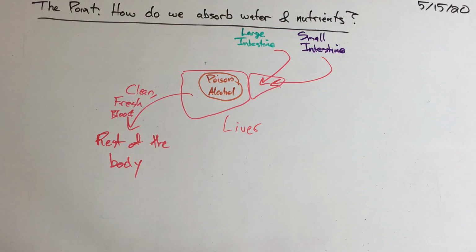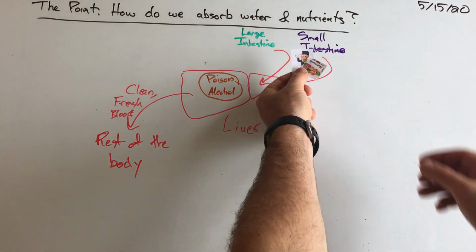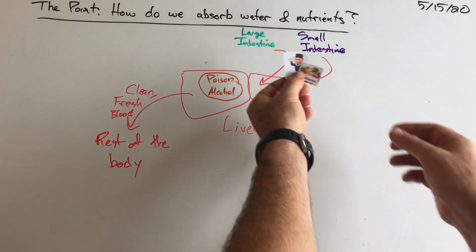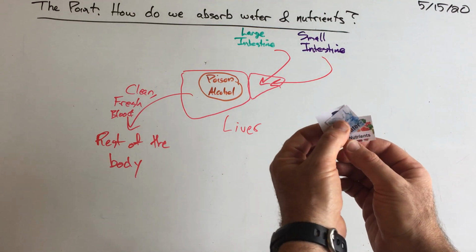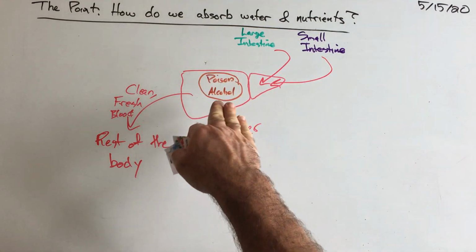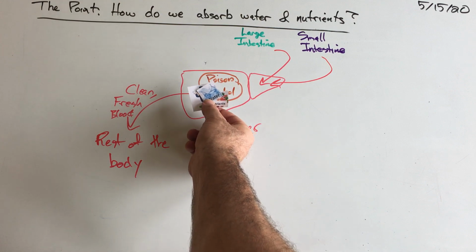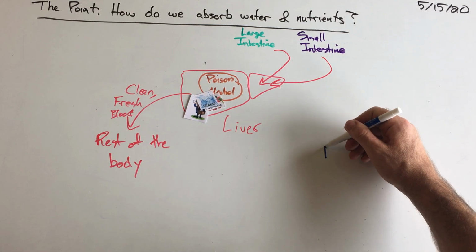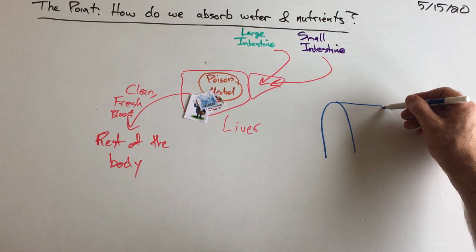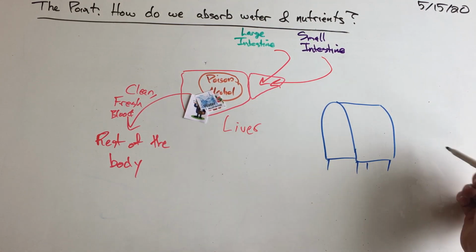So the mailman picks up the nutrients from the small intestine. That's upside down. Picks up the water from the small intestine, and then, as you might guess, goes back, and you can think of this as like the post office. And it goes through and checks everything. You guys are all aware of a mailbox, right?